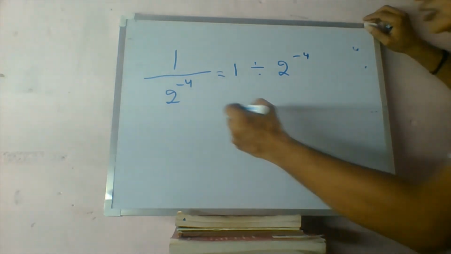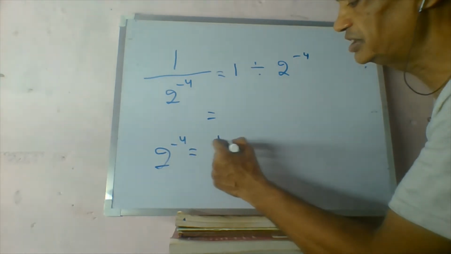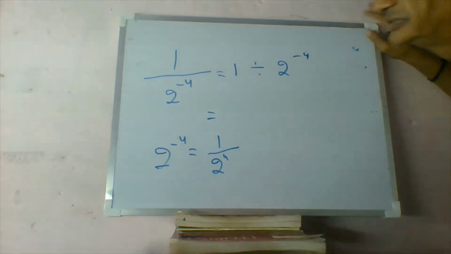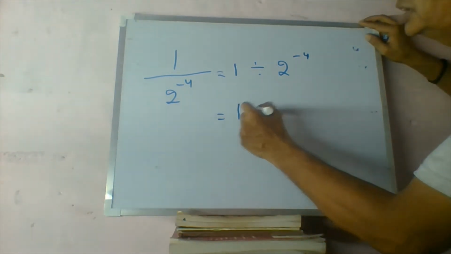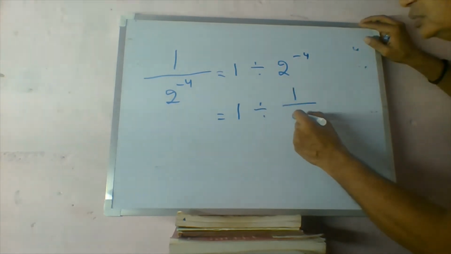And we know 2 raised to power minus 4 is 1 by 2 raised to power 4. Clear? So it is equal to 1 divided by 1 by 2 raised to power 4.